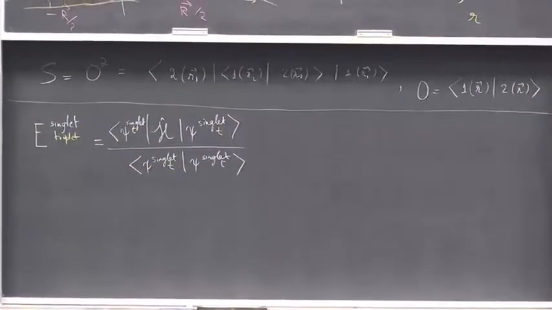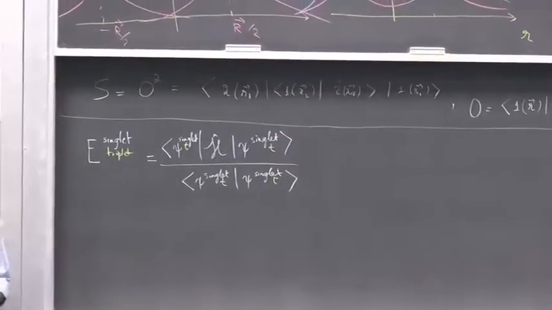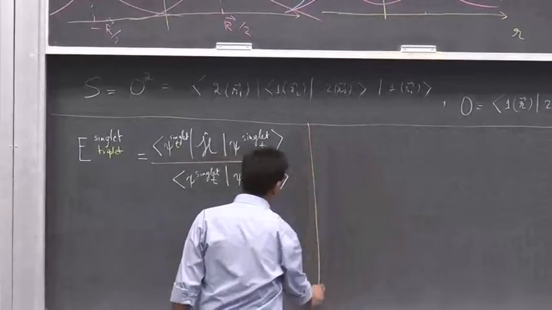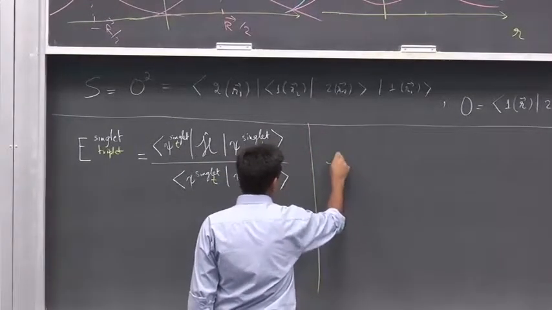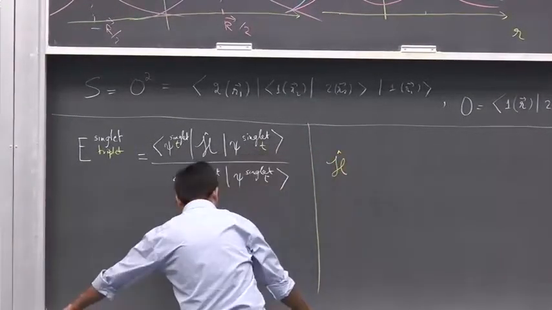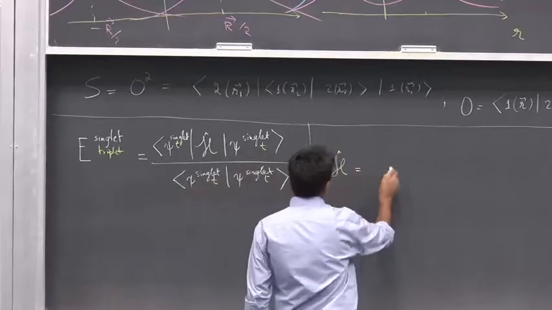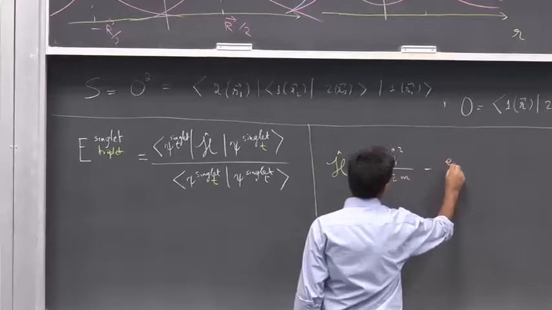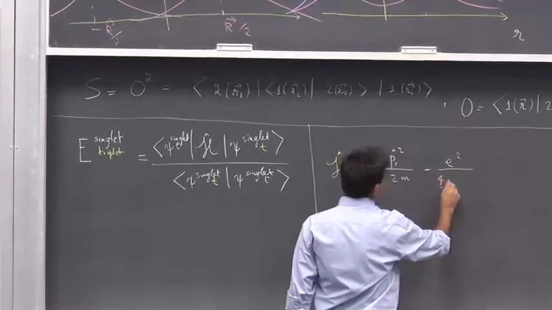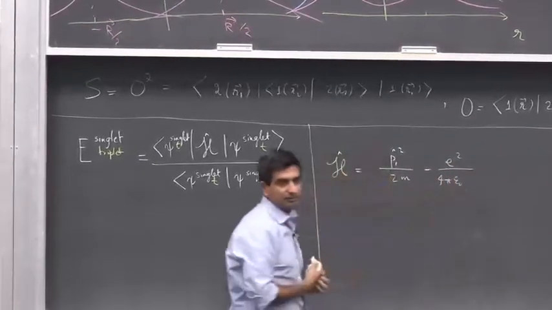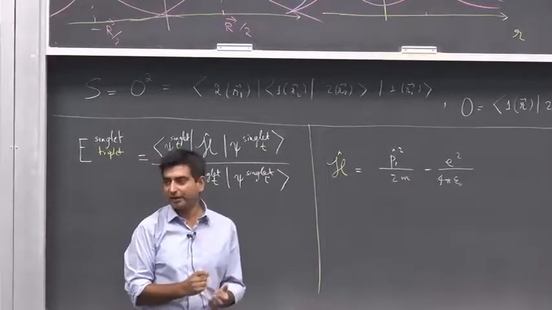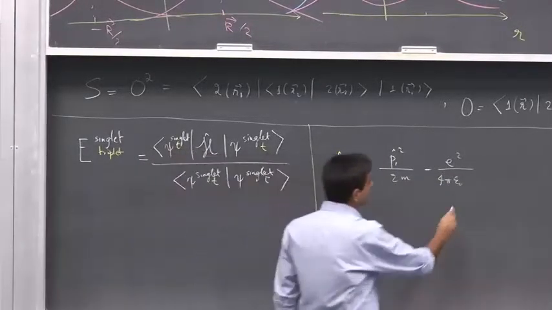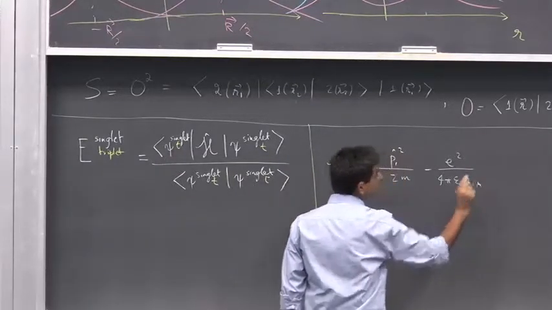Now let's write down the Hamiltonian for the molecule. It is a pleasant exercise to do. Once again, we have 2 electrons, so we have P1 square over 2m minus e square over 4 pi epsilon naught, electron number 1 associated with nucleus A. So we have one term for this. For shorthand, I write this as R1A.